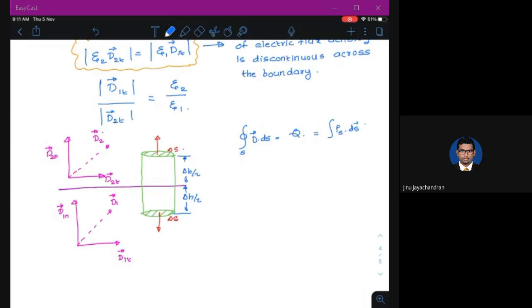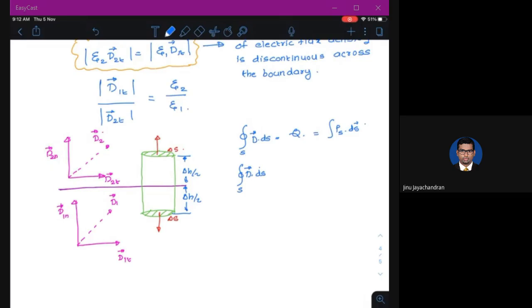Looking at the surface integral of D dot dS, the parallel component to the surface is D2N, and the perpendicular component is D2T. So the perpendicular component, D2T, will vanish, and only the parallel component will survive.